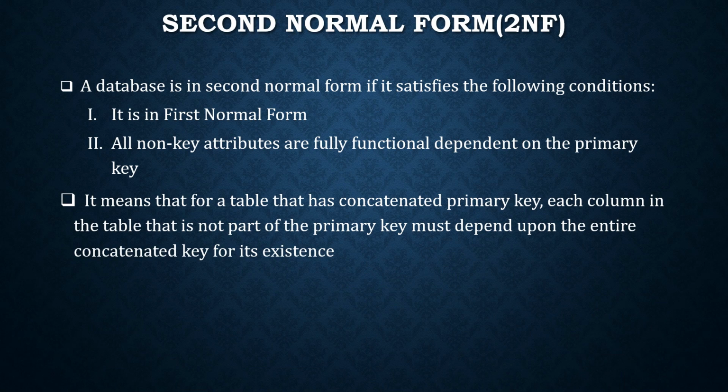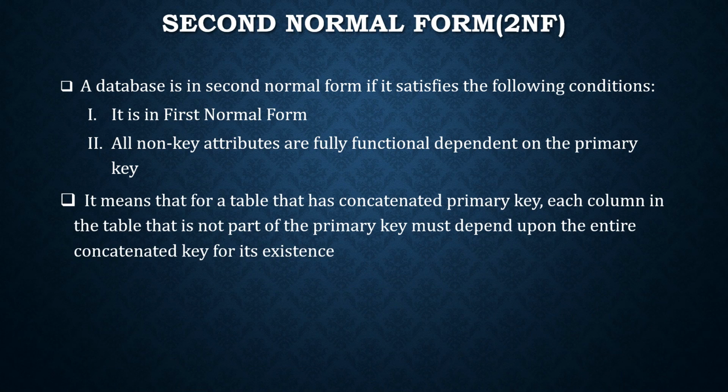Whenever you combine two columns into a primary key, we can't take an individual column as the primary key. The combination of those two or more columns is treated as a concatenated key, or we can say it's a primary key.